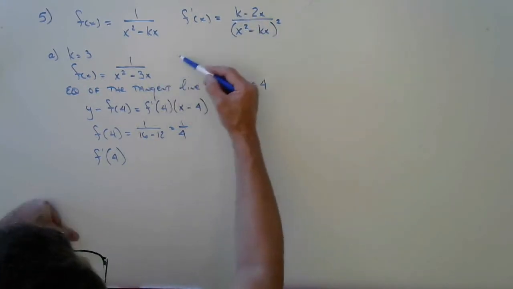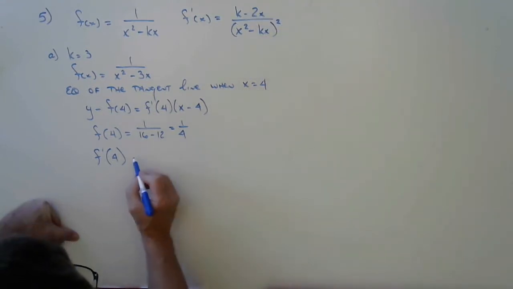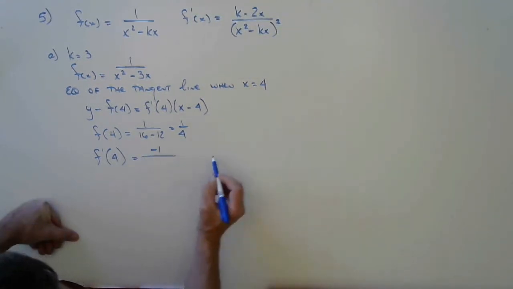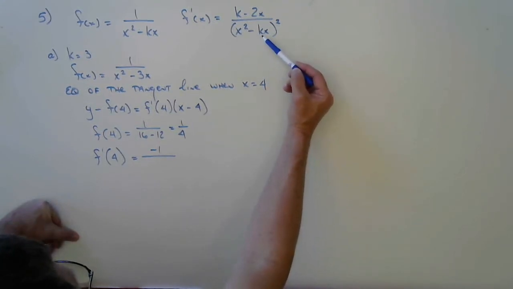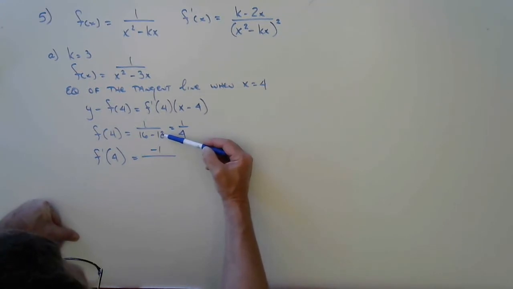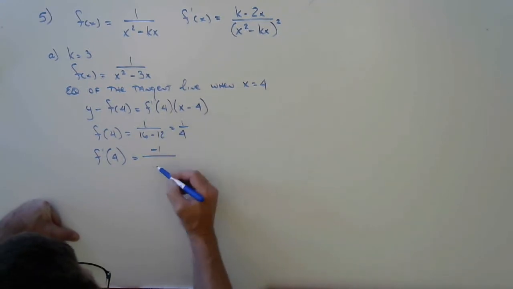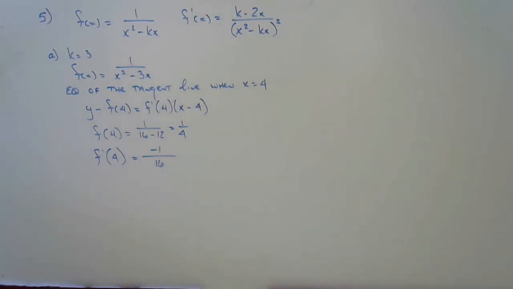So this is going to be 3 minus 4, so that's going to be negative 1, and on the bottom, 16 minus 12 is 4, squared. We're going to get negative 1/16, if I did my math right there.